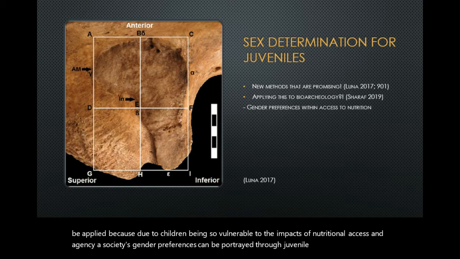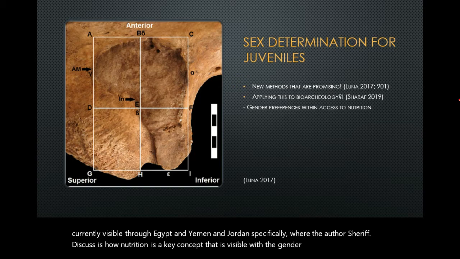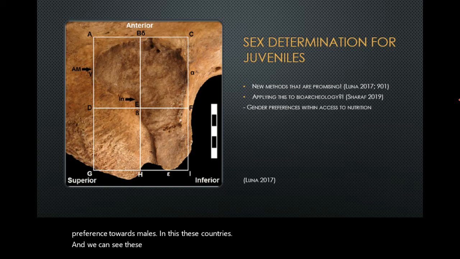This is currently visible in Egypt, Yemen, and Jordan specifically, where the author Sharif discusses how nutrition is a key concept that is visible with the gender preferences, specifically a preference towards males in these countries. And we can see these nutritional deficits through osteology.